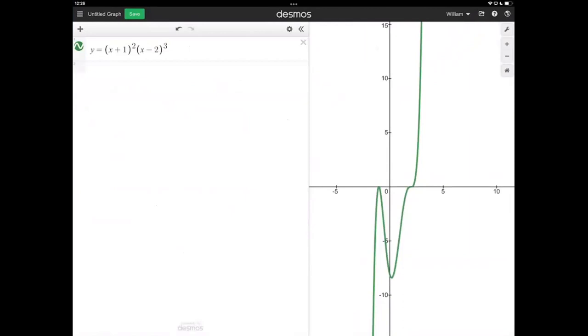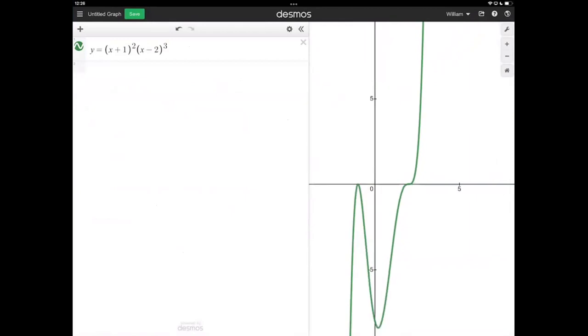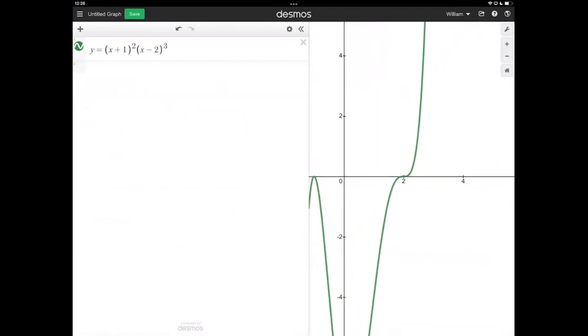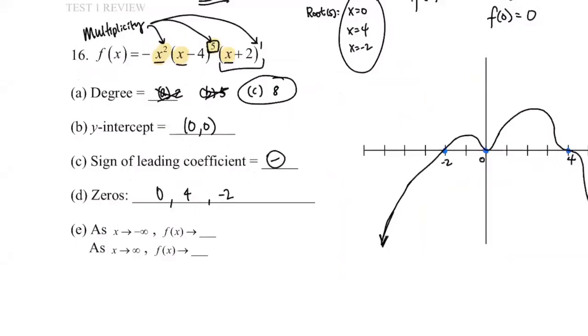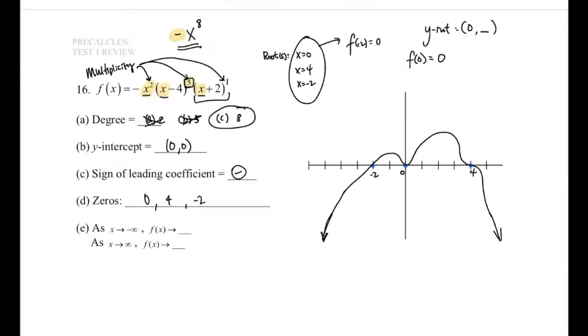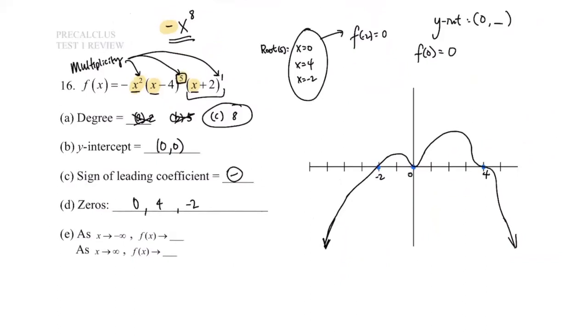Overall degree is 5, and I'm expecting a bounce at x equals -1, which we do see. And at x equals 2, you see that little S-shaped turn because the multiplicity is 3. Go ahead, use Desmos or anything alike to confirm your polynomial graphing skills. We're going to do more polynomial graphing in the upcoming weeks, so that's going to be really helpful.